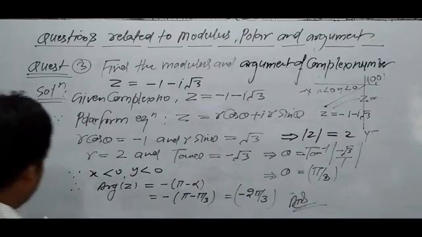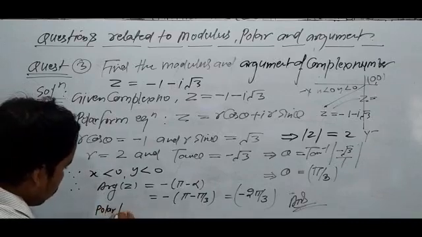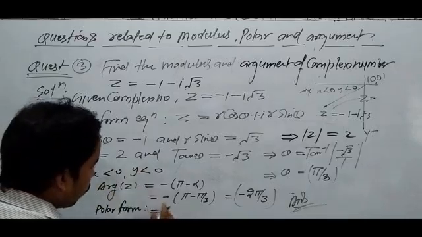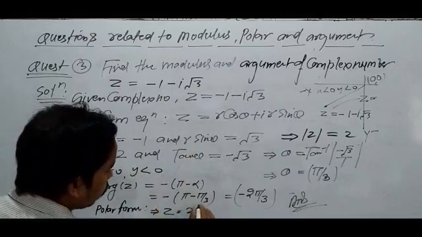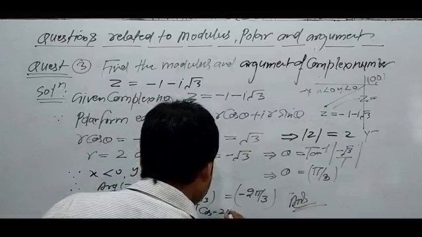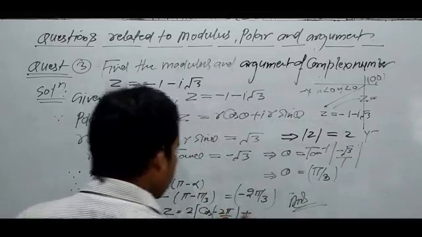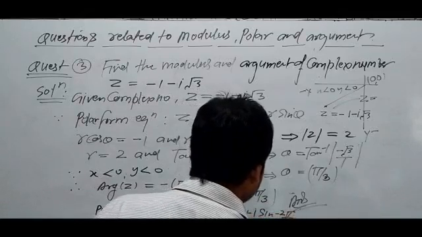I am writing here the polar form. When you convert to polar form, z is equal to r value 2, so 2 in brackets cos of minus 2 pi by 3 plus I sin of minus 2 pi by 3.